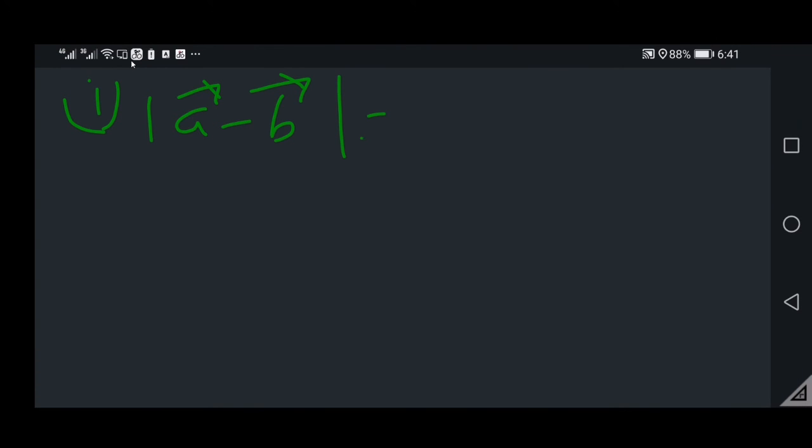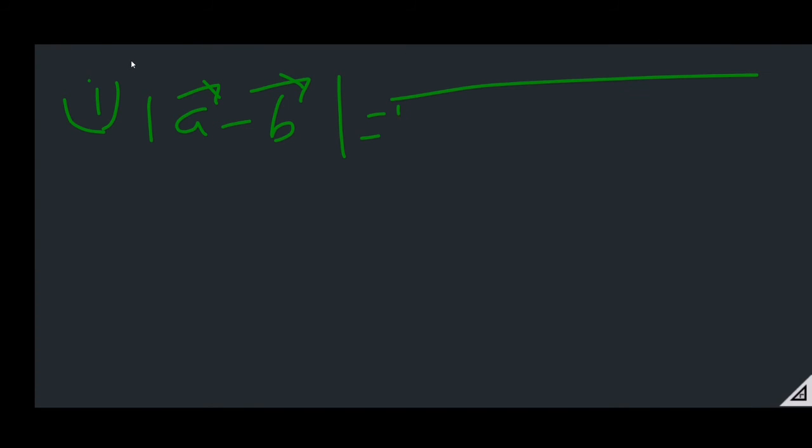Special case number 1. We know the formula of the magnitude of a vector minus b vector is root under a square minus 2ab cos theta plus b square.